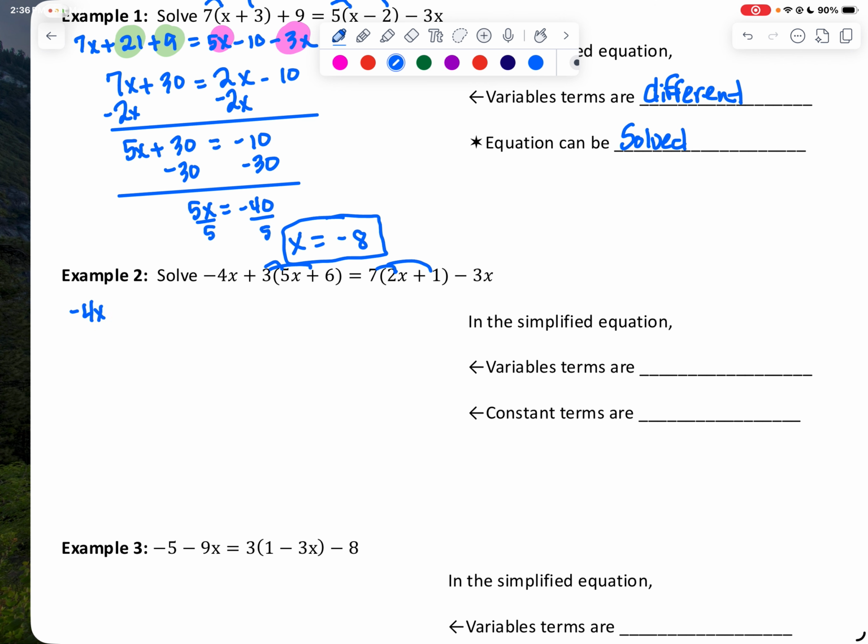So 3 times 5x gives us 15x. 3 times 6 gives us 18, equal to 7 times 2x gives us 14x. 7 times 1 gives us 7, and then minus 3x. Okay, now combine your like terms.